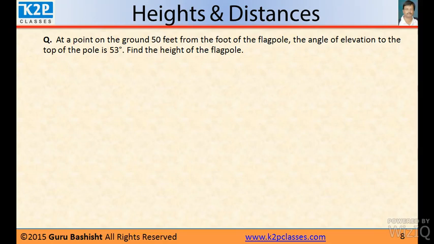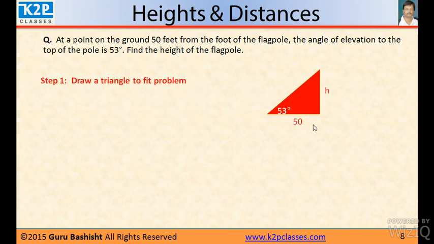Look here. At a point on the ground, 50 feet from the foot of the flagpole, the angle of elevation to the top of the pole is 53 degrees. Find the height of the flagpole. First of all, we have to draw a drawing. So look, this is the flagpole.